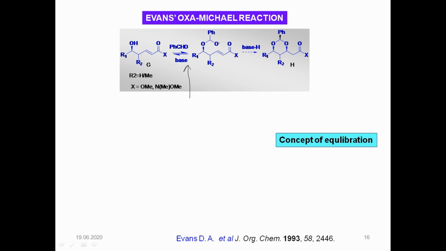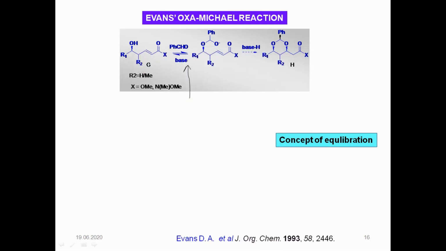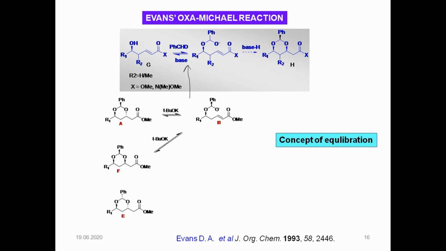Because of that, we are getting the syn compound exclusively. The reason is very simple. Here also the reaction goes through a 6-member chair conformation. Because of the favored chair conformation, you get exclusively the syn compound as the major product.